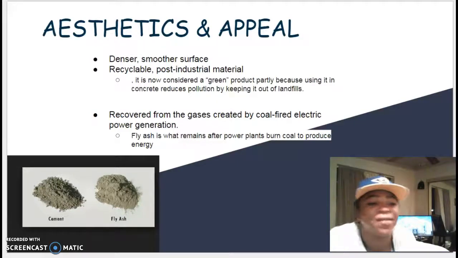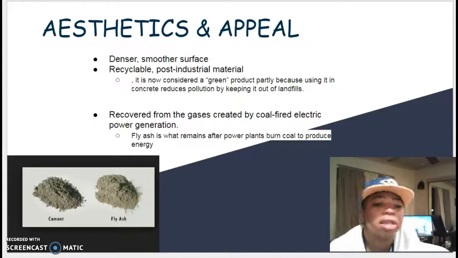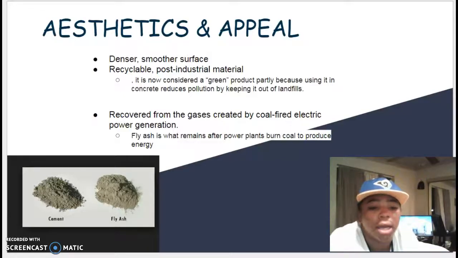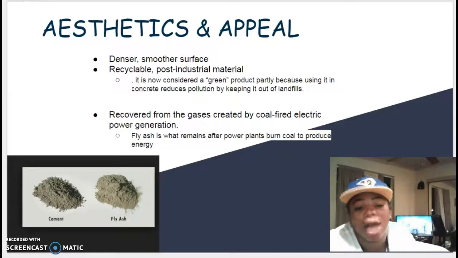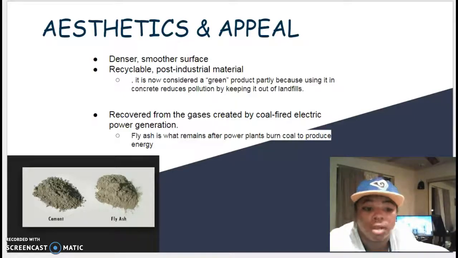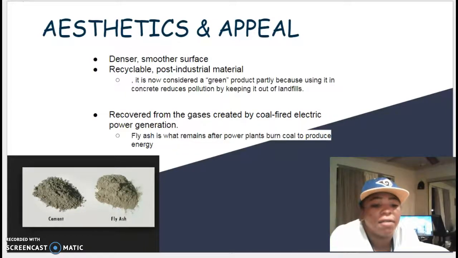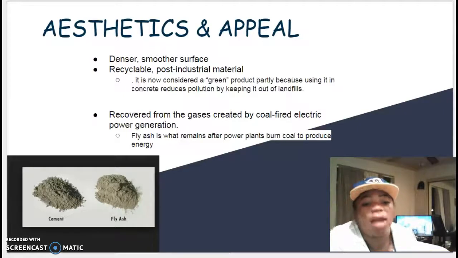That's for Mother Earth. This product in particular is a post-industrial material, and it is considered a green product partly because using it in concrete reduces pollution by keeping it out of the landfills. These recovered gases are created by coal-fired electric power generation.